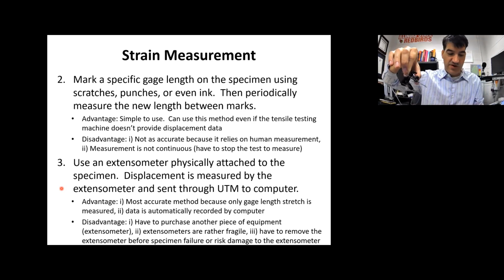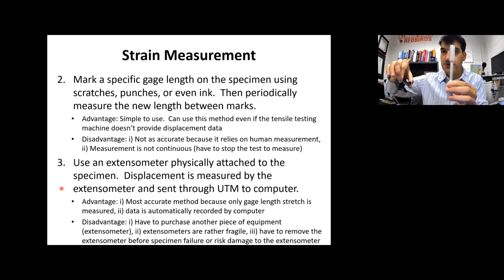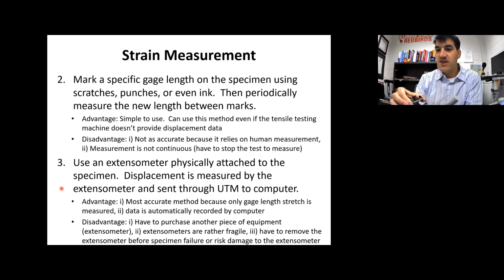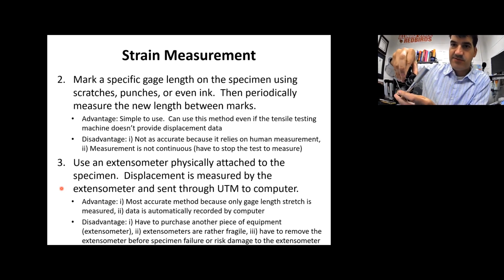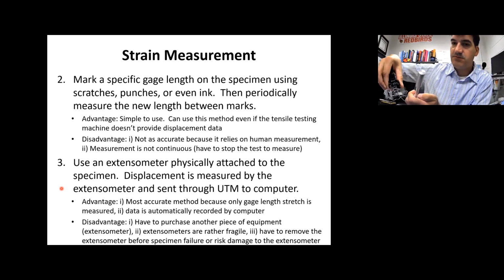So the way this works is, first of all, you load your specimen in the grips of the machine, and then you take the extensometer and you push these buttons together, which sets the initial distance of separation between these two clips. And then you attach these clips to the specimen just like that. I'll do it from a different angle so maybe you can see a little bit better.